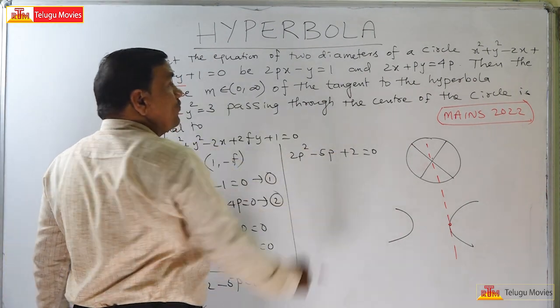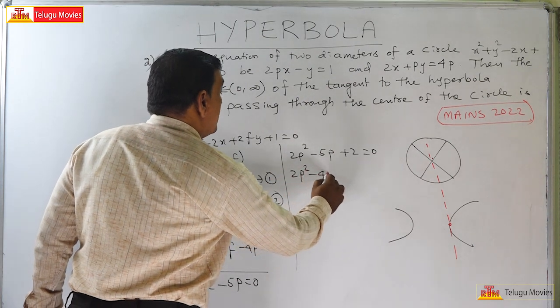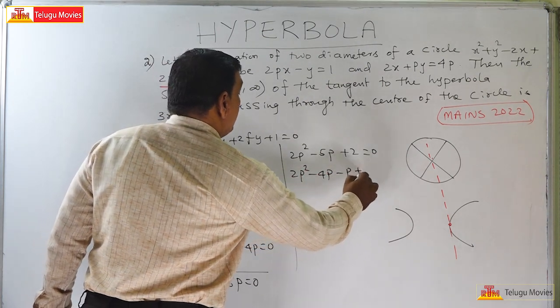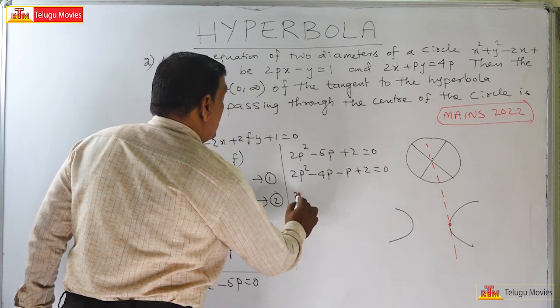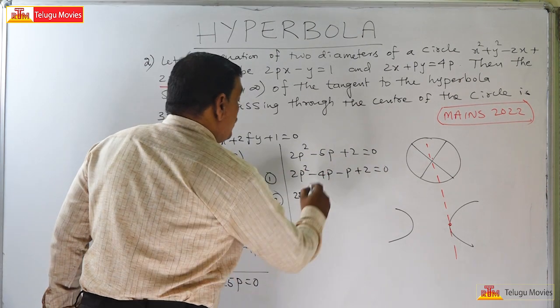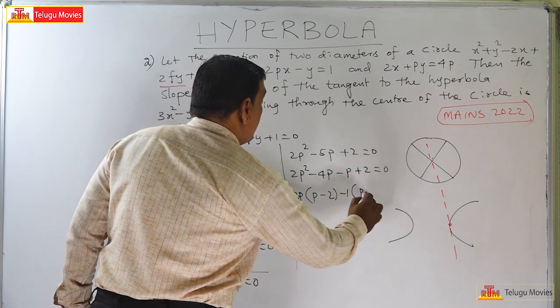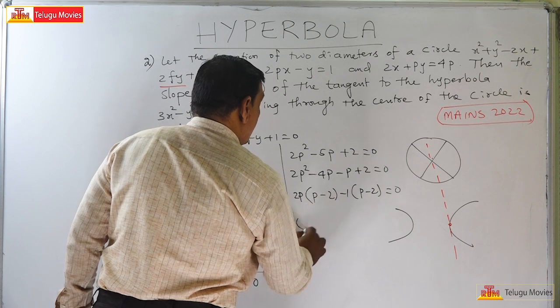2 2s are 4, so this is 2p square minus 4p minus p plus 2 is equal to 0. Here we can take 2p common outside: 2p times p minus 2, and minus 1 times p minus 2 is equal to 0.